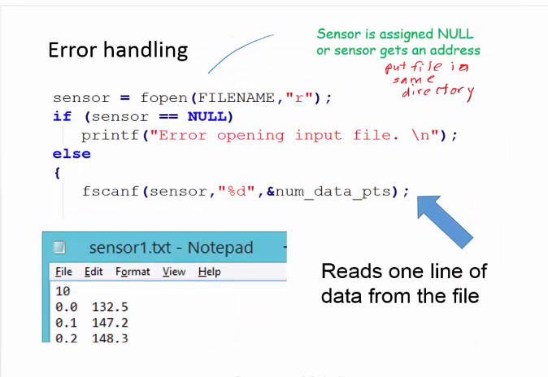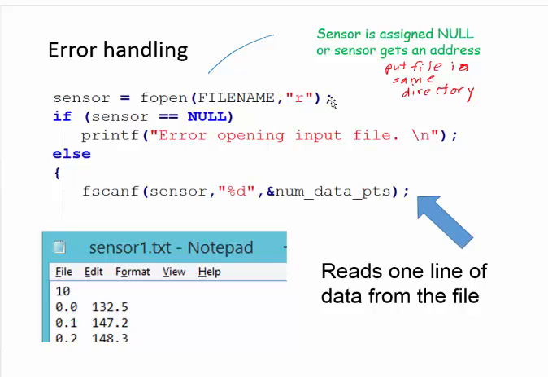So what if your program can't find the file? What if your file is in a different directory from where your program is? In that case, you would get an error message. So when you do this file open command right here, you either get back the address of where the file is located and store it in sensor, or you don't find the file and you get an error.